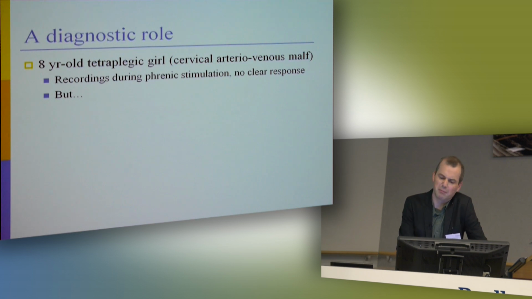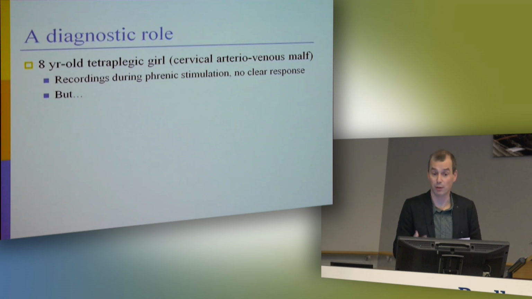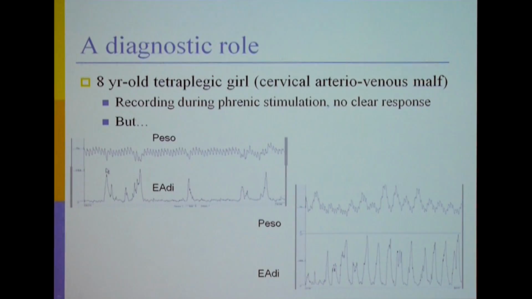In fact, we were not able to really stimulate the diaphragm activity with the magnetic phrenic stimulation. But what I observed was that, when everybody was thinking that she was not breathing, we had a certain level of EAdi.